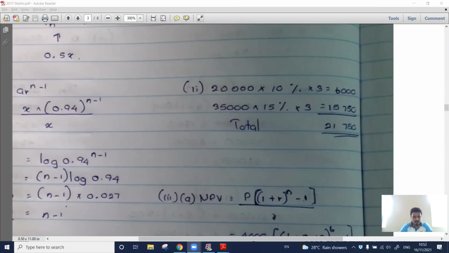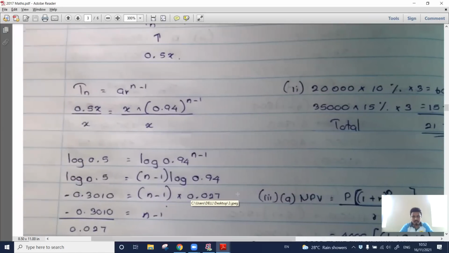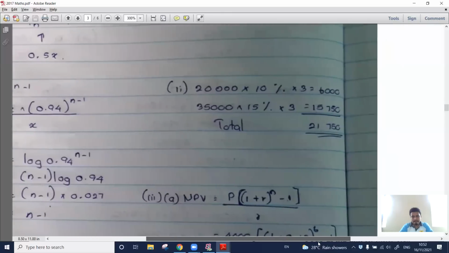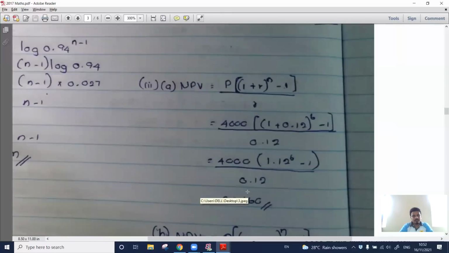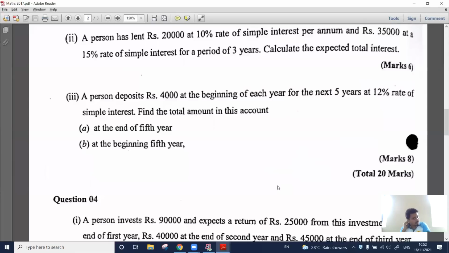This is part 3. First of all, tell me, are we going to find a present value or a future value? We are going to find the future value.